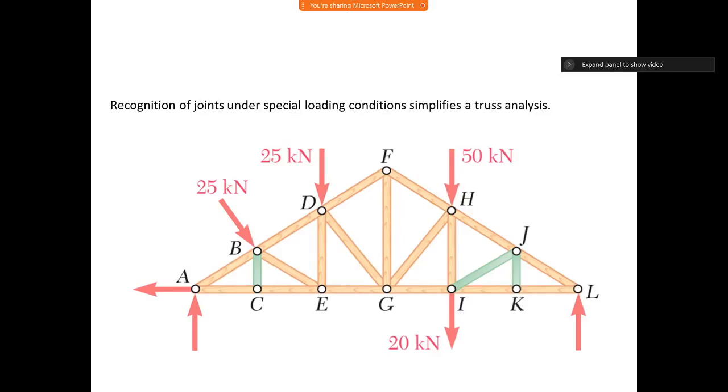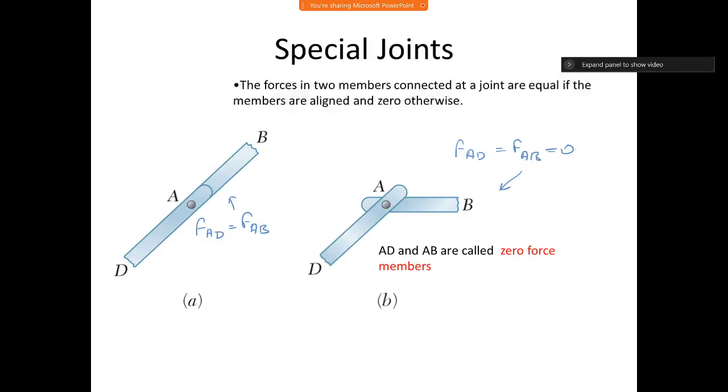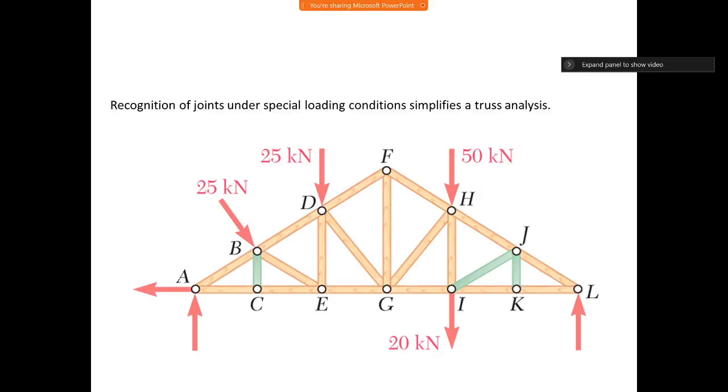Now, these special joints will help us to simplify the problem in many cases, and here is one such example. Suppose I have a roof structure, a truss, something like this, and there are various loads shown by these red arrows.